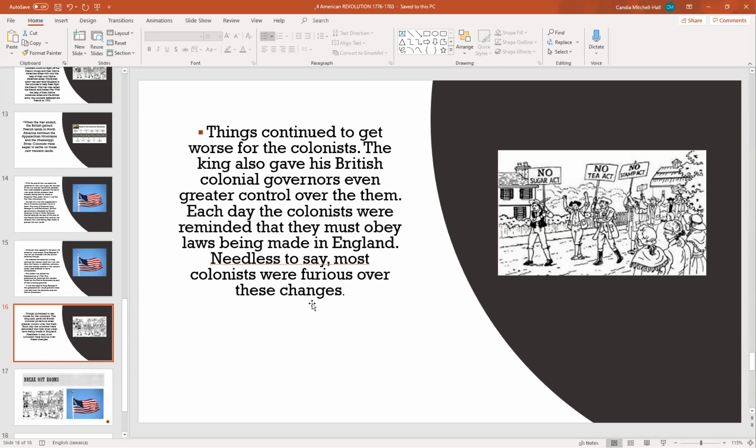And if my rules are in conflict with your rules, you need to abolish your rules and adopt my rules. It's like a big stick policy, a big stick over the colonists' heads. And so they are going to get very furious and very upset.